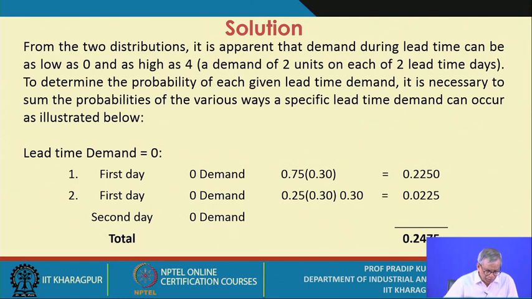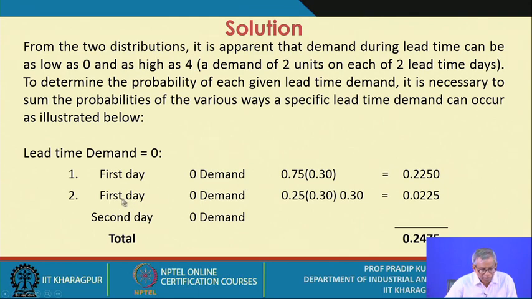Now the lead time demand is 0. How many ways can the lead time demand be 0? The first day there could be 0 demand.